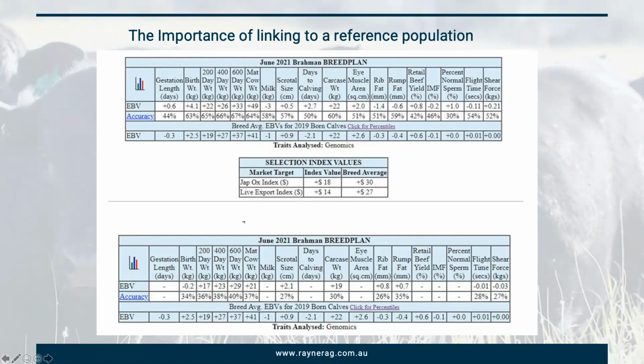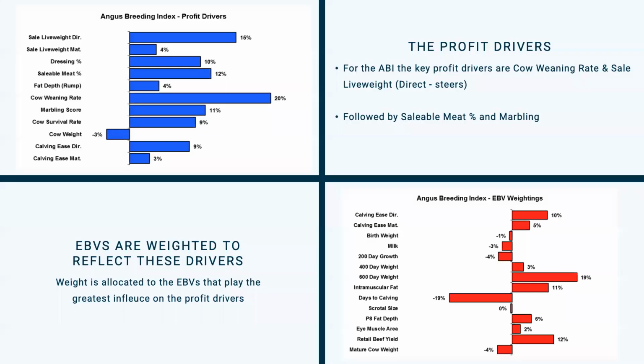They're based around particular market targets, because if you have ever seen a Jap ox, it's very different to the lighter live export animals. So I look at the dollar index as my starting point. The reason I do that is because indexes have been developed by breed societies to reflect particular profit drivers for markets.